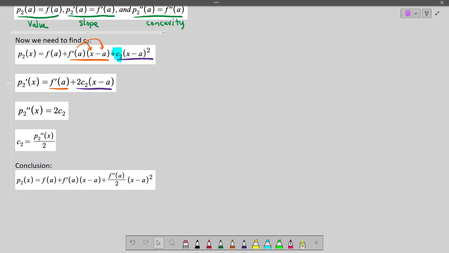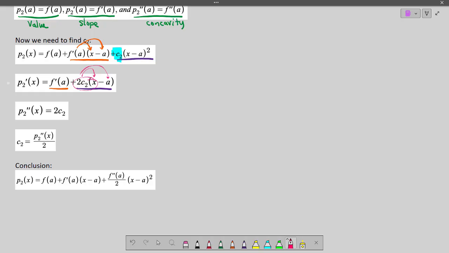Now we come over here and imagine distributing 2c2 to the x and to the a. 2c2 times x, what's its derivative? 2c2, because the derivative of a constant times x is the constant. And 2c2 times a is a constant, so its derivative is 0. So this is the second derivative of the polynomial.